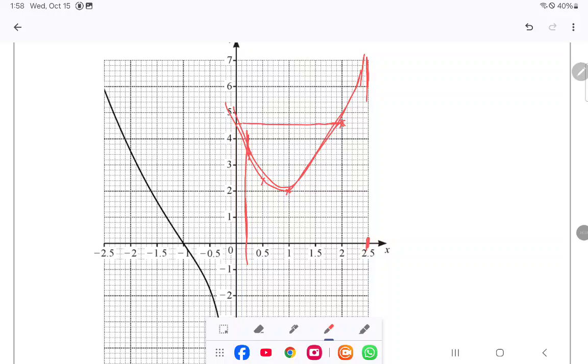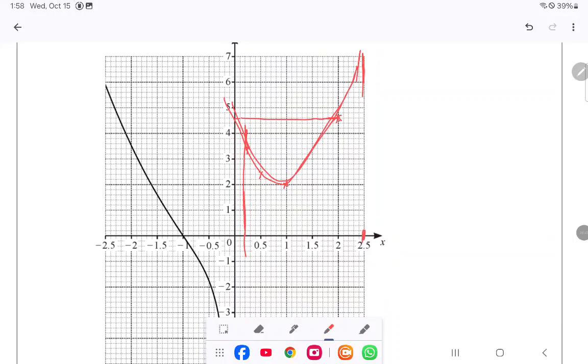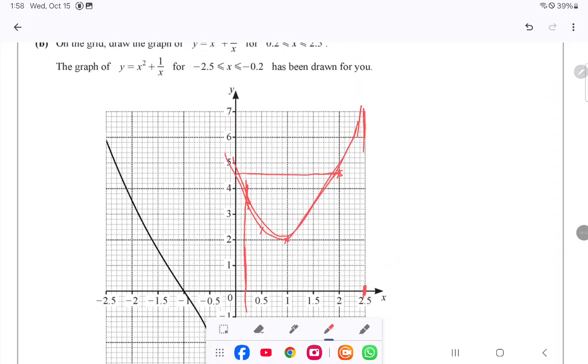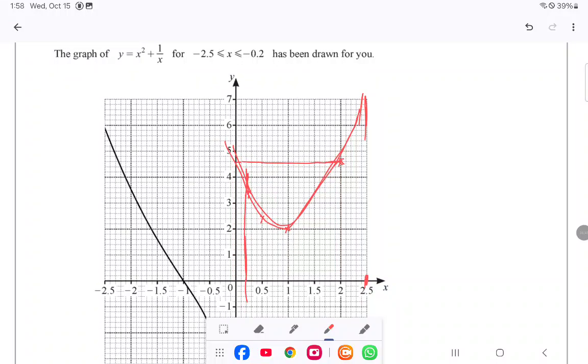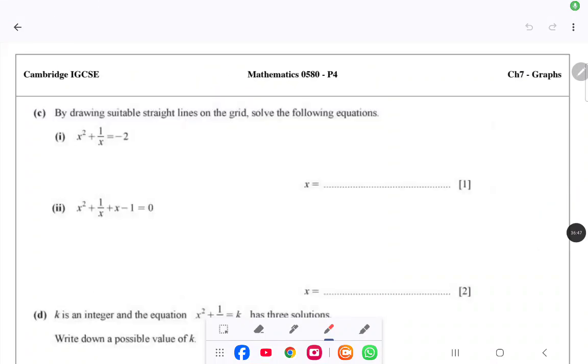Now we have to form the graph on part C by drawing a suitable straight line on the grid. Solve the following equation. We know that this value is equals to y, which is equals to negative of 2, and we have to calculate the value of x when y is equals to 2.